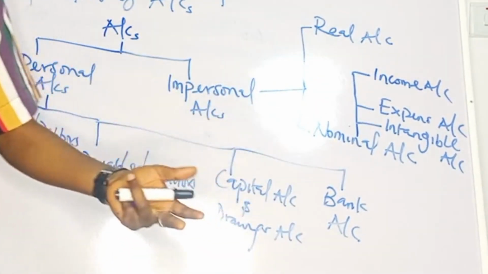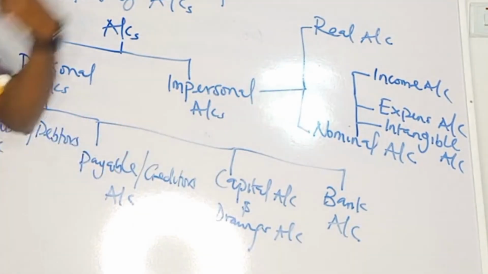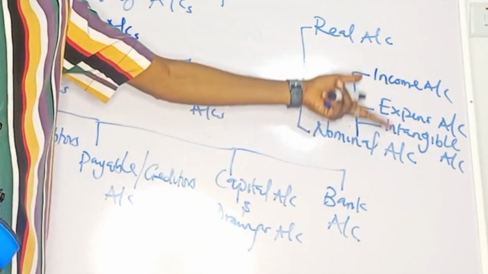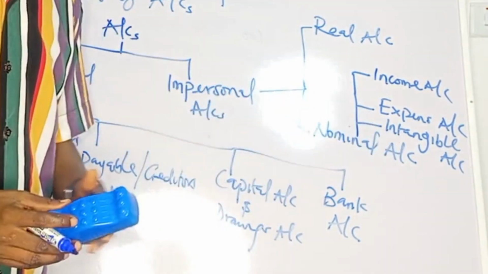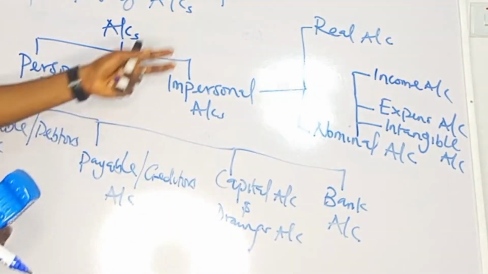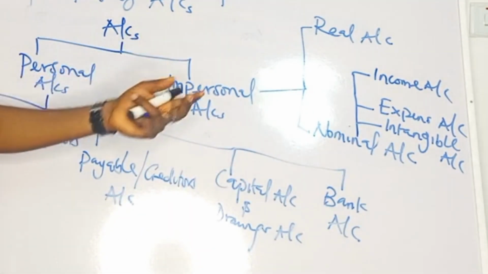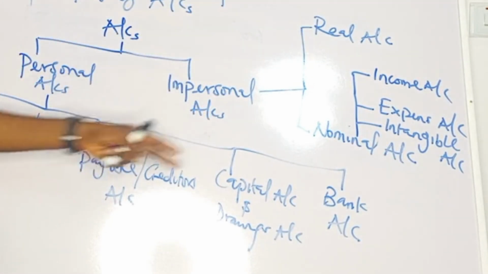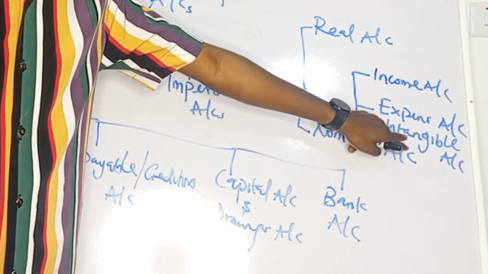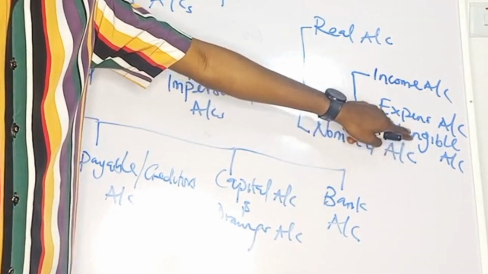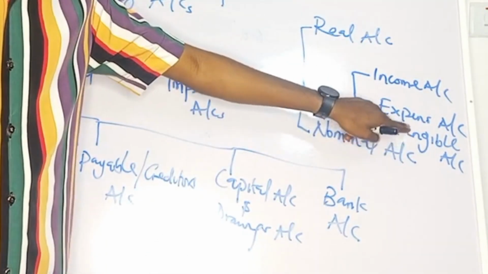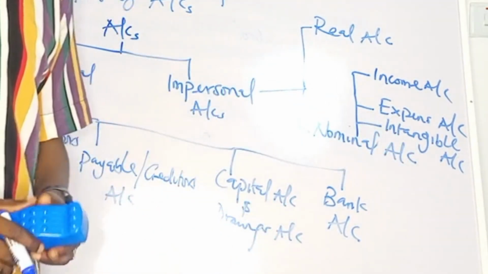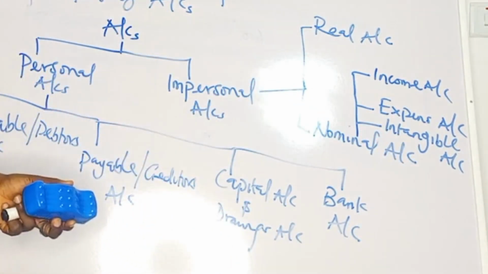Expense, what we pay for, purchases and all that, money going out of the business, come under expense account. The intangible account, intangible are assets that you cannot see, you cannot touch, but they are assets belonging to the business. For instance, we have the copyright, we have the goodwill, we have the patent right.